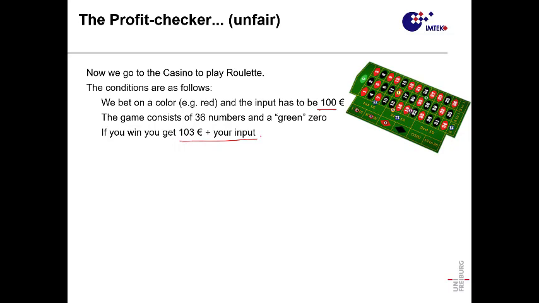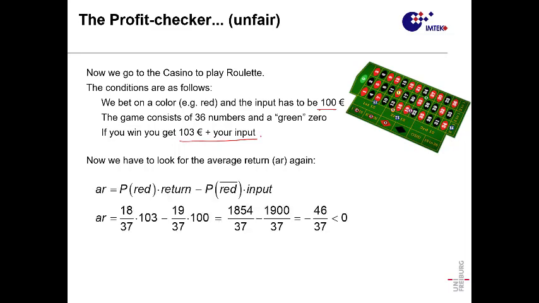But the chances are good, or at least you can do wishful thinking that this will happen. But let's do math and let's calculate, and let's imagine that we are in the casino with our paper and a pen, and we can actually calculate before we play if this is a good idea or not. So again, we have to calculate the probability to get a red times what you're going to get if you get a red.